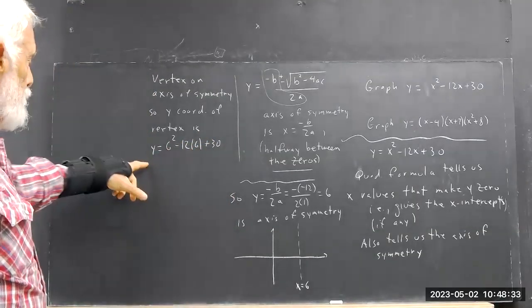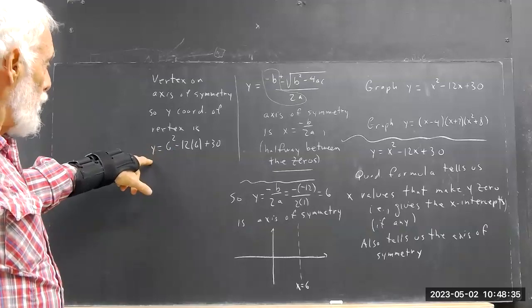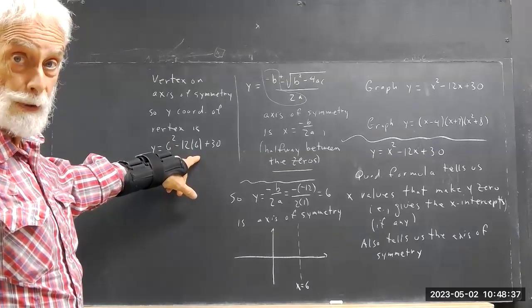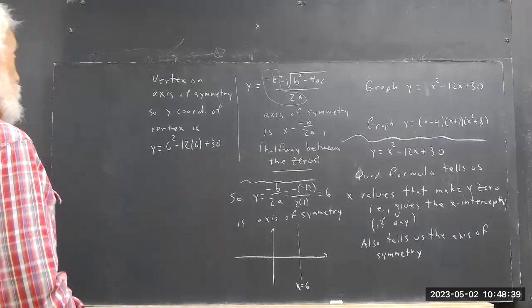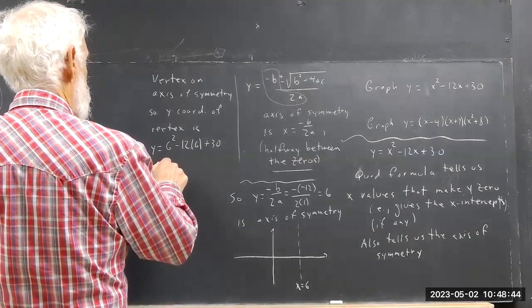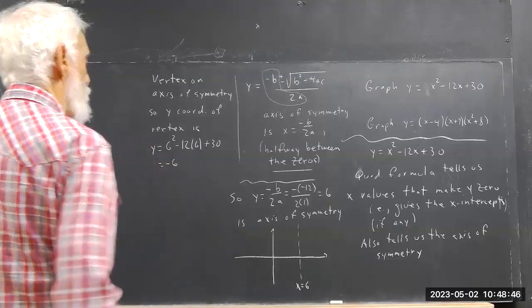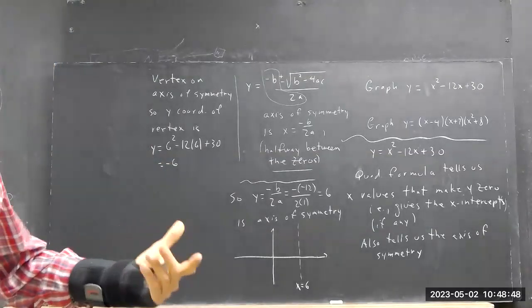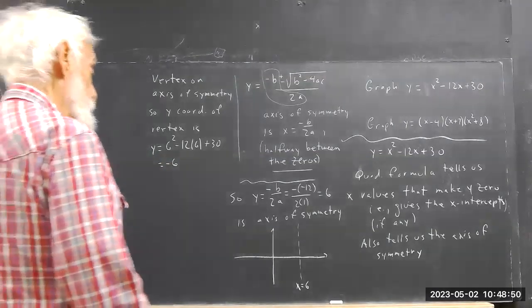Well, that's gonna be at the y coordinate you get when you plug in the axis of symmetry. And that's gonna be 36 minus 72. If I did this correctly, it turns out to be the point (6, -6).